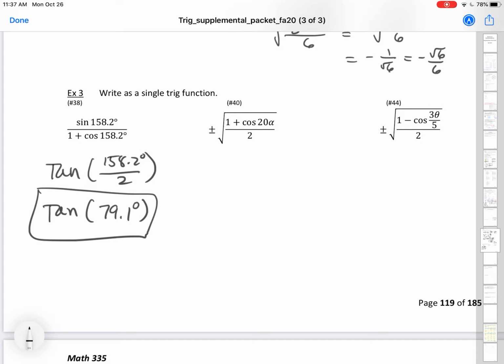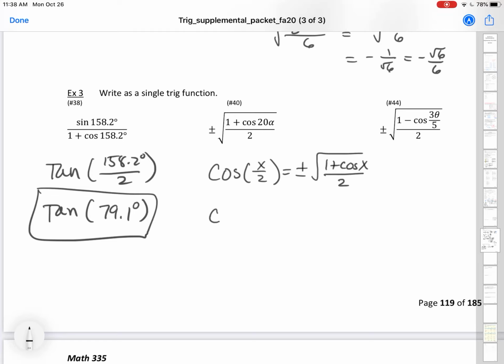What about this one? Plus or minus the square root of 1 plus cosine of 20 alpha, all over 2. Well, hopefully we recognize this as the cosine of an angle divided by 2, right? That one was the plus or minus square root of 1 plus cosine of x all over 2.